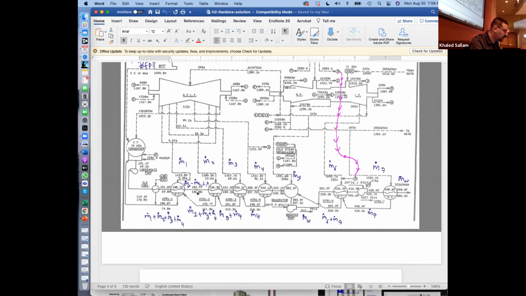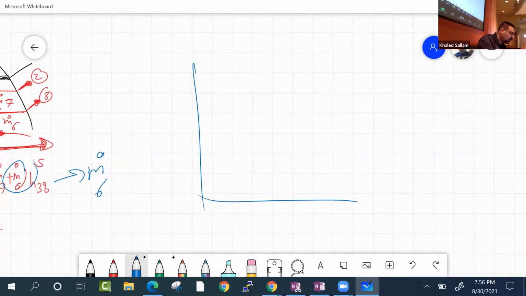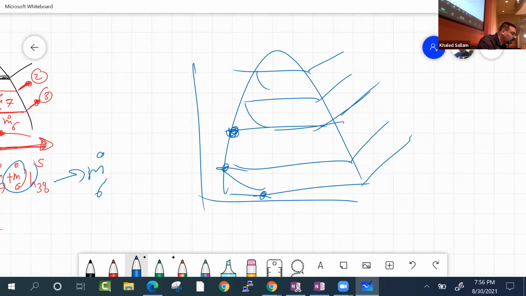So on a TS diagram, if I plot this, you will just see that every feed water heater is dumping on the lower one, right? They always reach here and come like this. Except the open one. The open one, that's 5. He gets m dot 6 plus m dot 7 from here, and his own m dot 5.